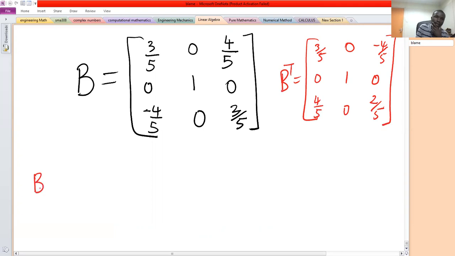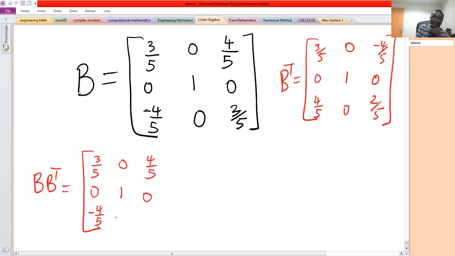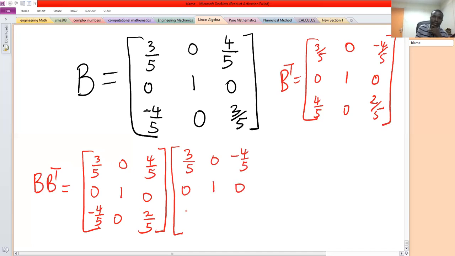Now B times B transpose will be 3 over 5, 0, 4 over 5, 0, 1, 0, minus 4 over 5, 0, 3 over 5, and then 3 over 5, 0, minus 4 over 5, 0, 1, 0, 4 over 5, 0, 3 over 5.